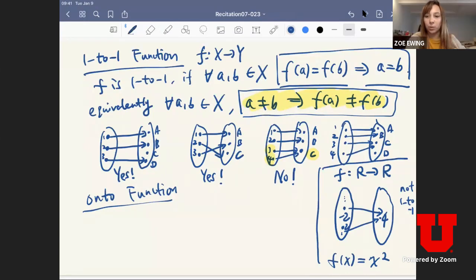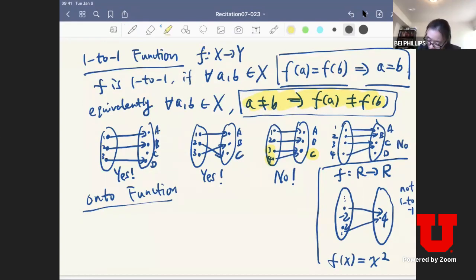All right, no as well. Yeah, it's actually similar. It's in the same scenario. 3 and 4 both map to the same element. All right, so that's about one-to-one. A one-to-one function, remember, maps distinct elements in the domain to distinct elements in the range or codomain.